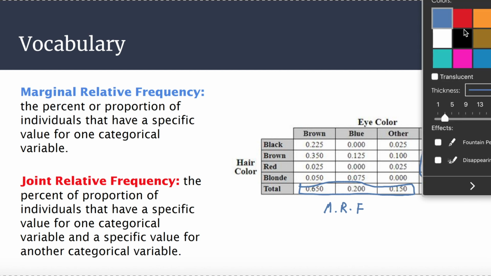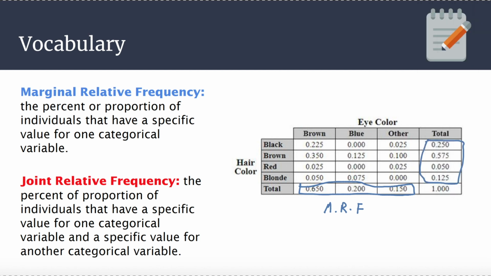Those things that live in the middle of the table are what we call joint relative frequencies. A joint relative frequency is the percent or proportion of individuals that have a specific value for one categorical variable and a specific value for another categorical variable. So the joint relative frequencies would be all of this stuff in here.